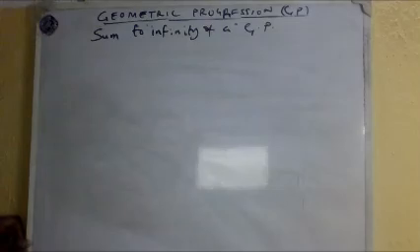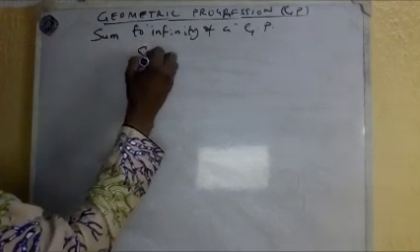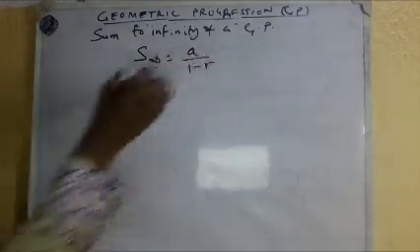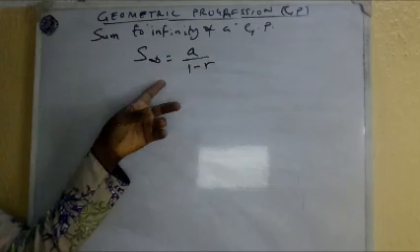Remember, GP is geometric progression. So the formula is given as S infinity is equal to A over 1 minus R. Simply, once you see, say, find the sum to infinity of a GP, this is the formula I'm going to use.